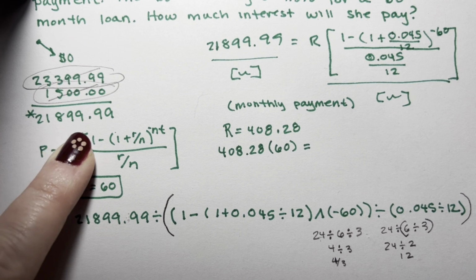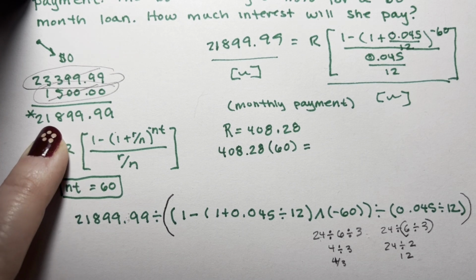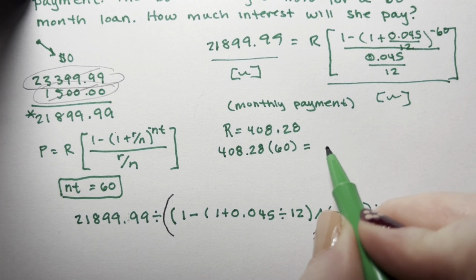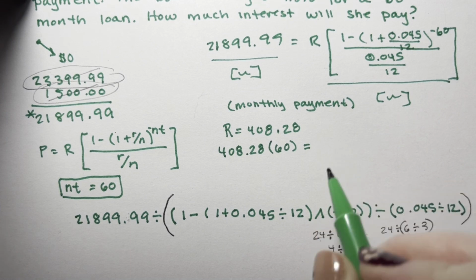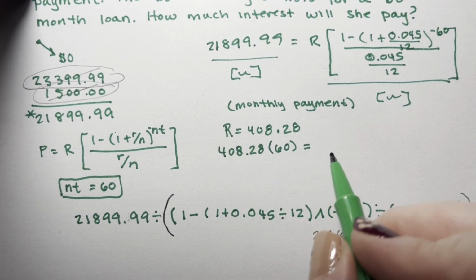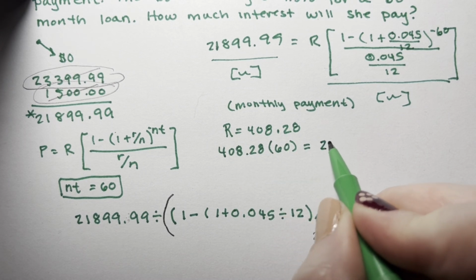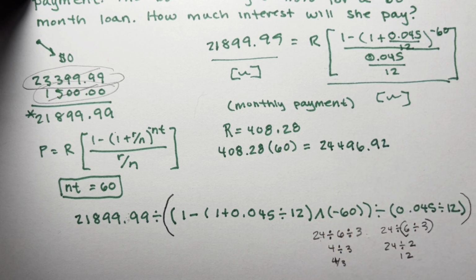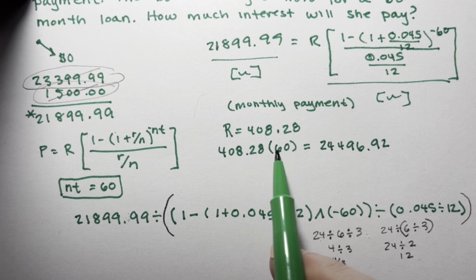Remember, we took out a loan of $21,900. What you actually pay after you pay this payment is $24,496.92. So this is what you actually pay because you're paying 408.28 60 times.